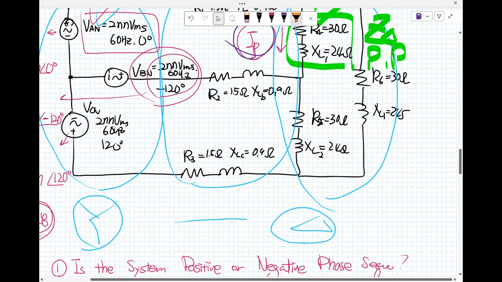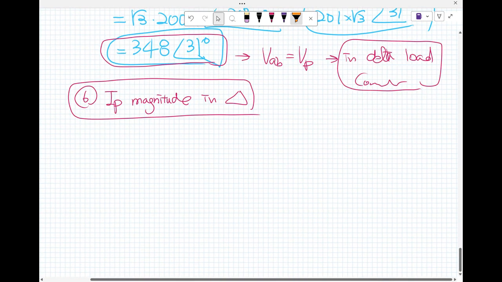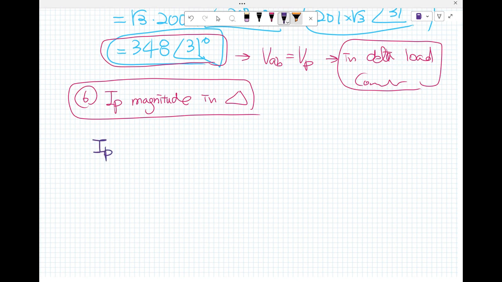So we can calculate it. That is the magnitude, meaning we don't care about the phase, right?